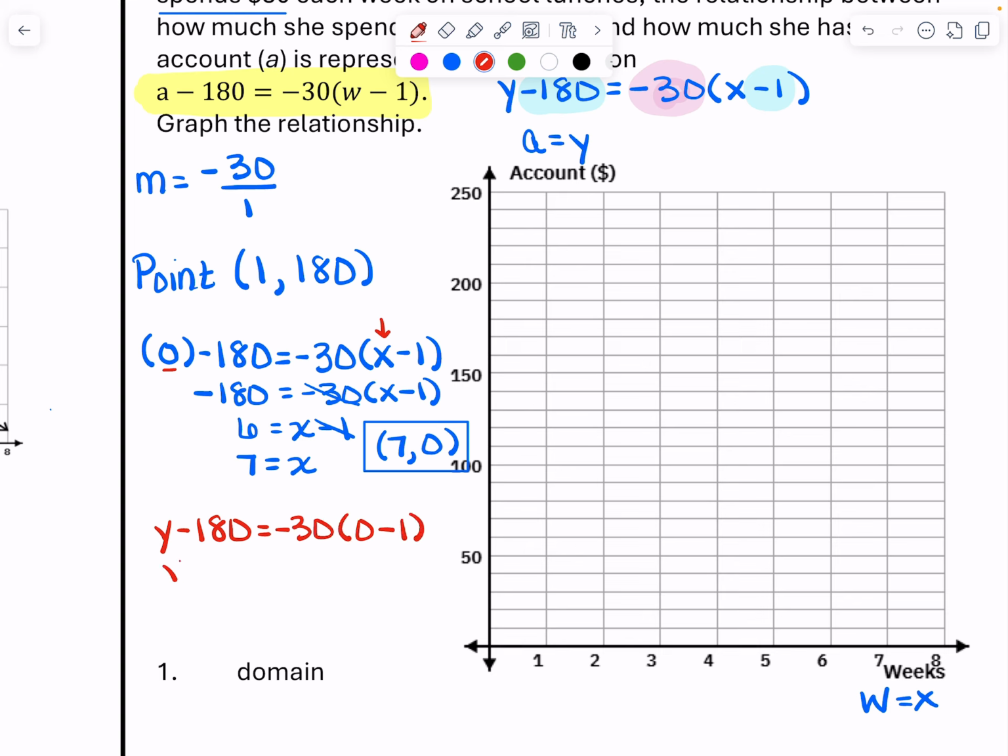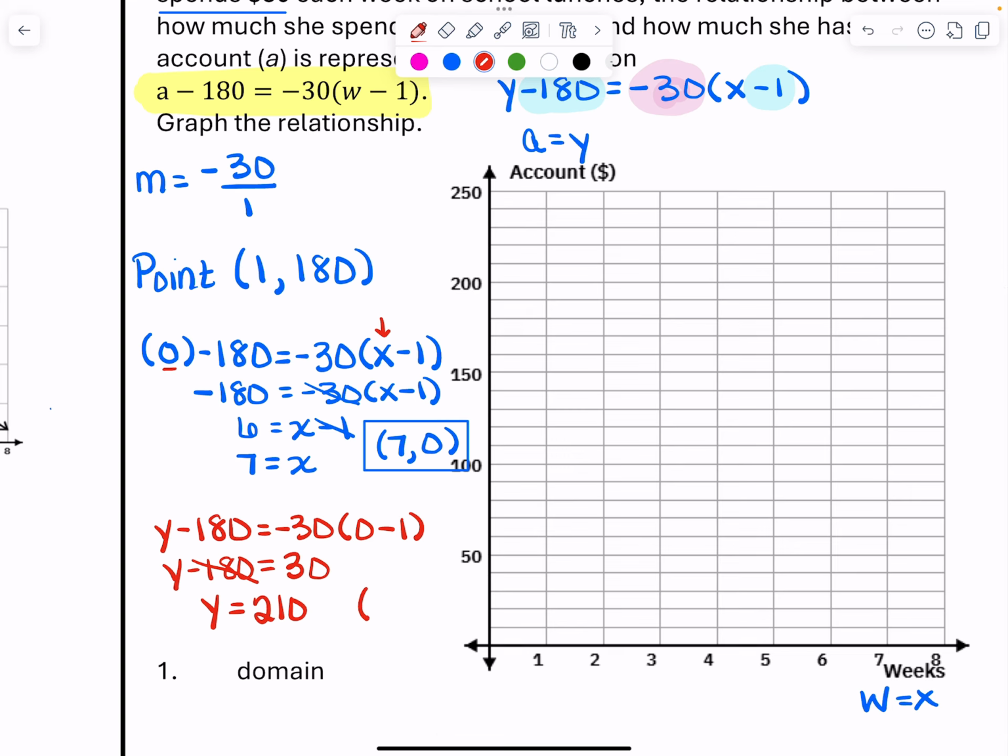Y minus 180 is equal to 0 minus 1 is negative 1. Negative 1 times negative 30 is positive 30. Add 180 to the other side. So I have y is equal to 210. So my y-intercept, we made x 0. We substituted that in. And then we got 210 for our y value.